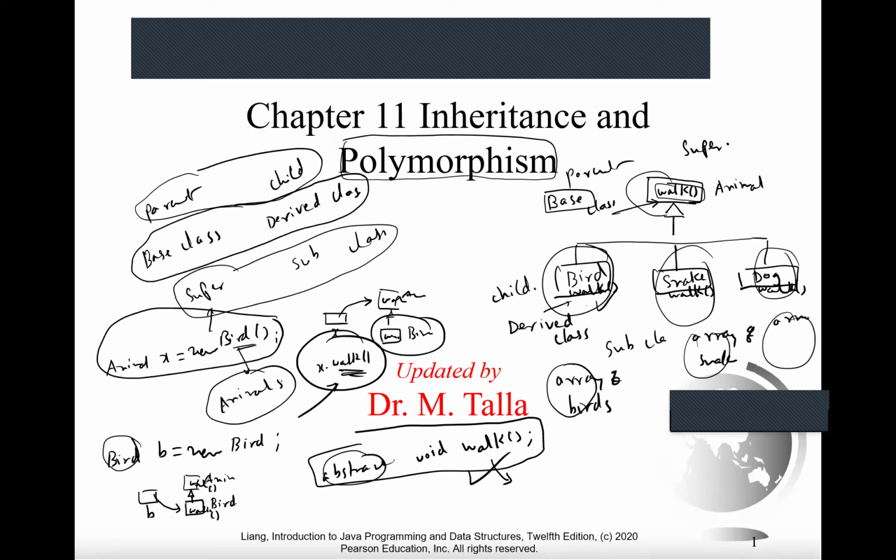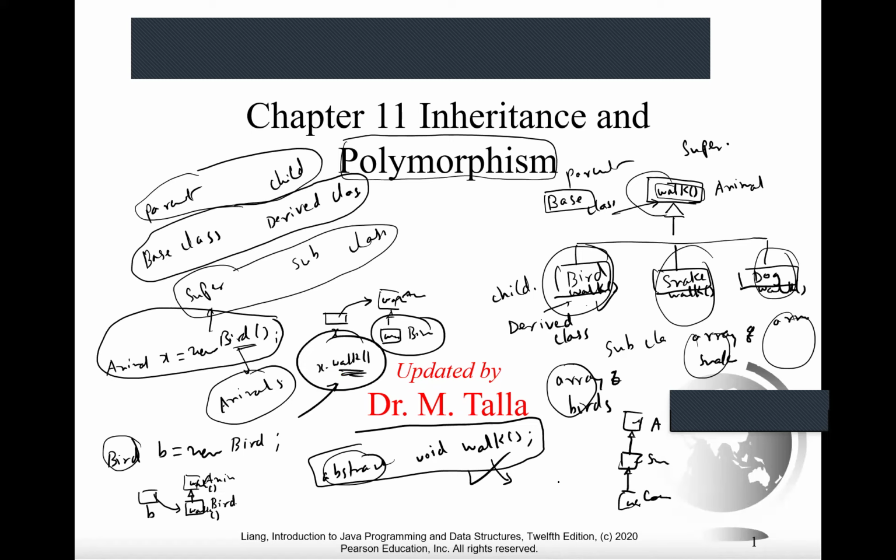So it will automatically go down, down, down, and the last walk will be executed. What is the down, down, down, sir? You see, animal, snake, cobra. There's a walk here, walk here, walk here, everywhere walk.